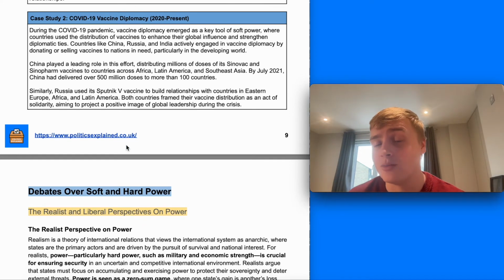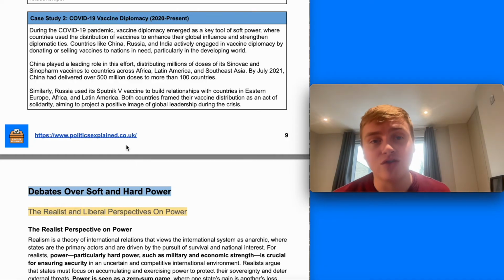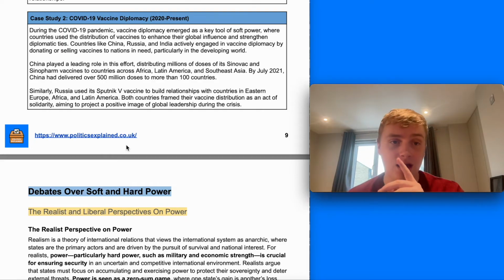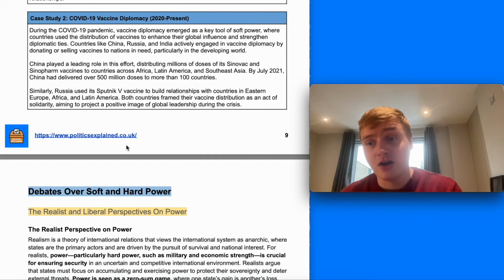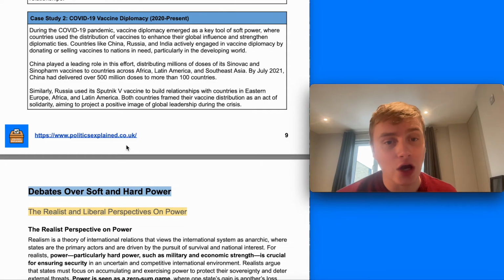COVID-19 vaccine diplomacy since 2020 was really important. And this emerged as a key tool of soft power where countries, especially big countries that were producing a lot of vaccines, used their distribution to enhance their global influence and strengthen diplomatic ties. So by providing free vaccines to smaller countries, you'll benefit in those countries, and you might be able to get some concessions and some favours back in the future in return.